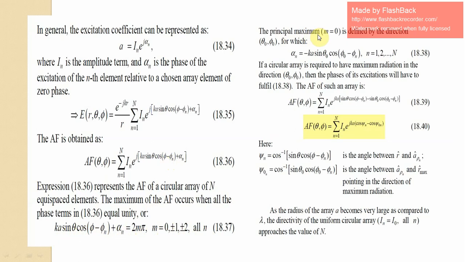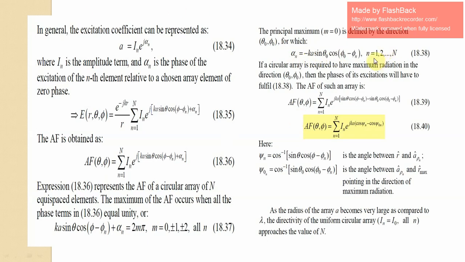For the principal maximum, m equal to 0, it will be defined by the direction of the theta and phi components, which is given by alpha n equal to minus k sine theta cos of theta 0 and phi 0.